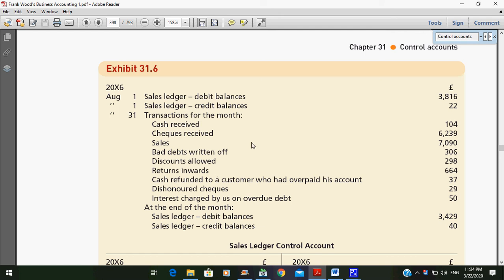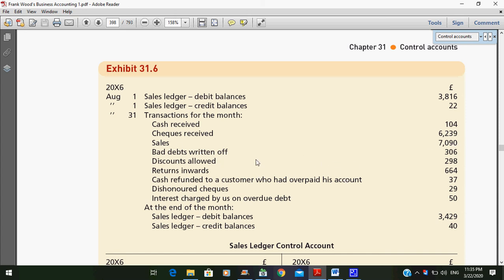So you have sales ledger debit balance is 3,816. Sales ledger credit balance is what? $22. Transactions for the month 104. Cash received 140. Received 6,239. Sales 7,009. Sorry, but it says that 7,090.